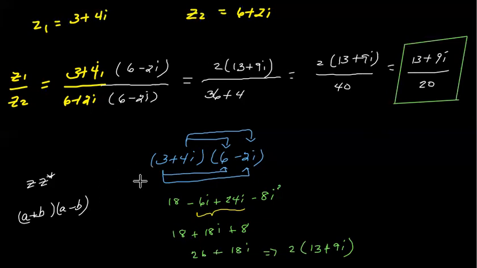Got it? Very good. Now let's try one more. All right, and what I want you to do after I give you these complex numbers, I want you to pause the video and give it a shot. All right, so let's say Z1 is equal to 4 plus 2i.